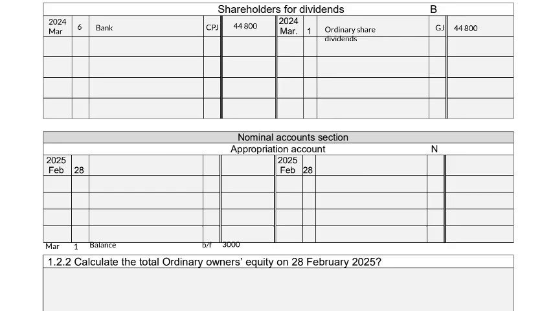Then if we read further, on the 9th of September, another dividend of 6 cents per share was declared. We have to determine what is our ordinary issued shares on the 9th of September, what is the amount of shares we have in issue. And to determine that, we go to our opening balance.